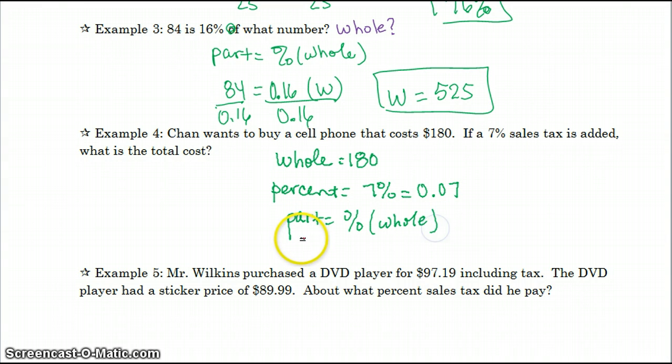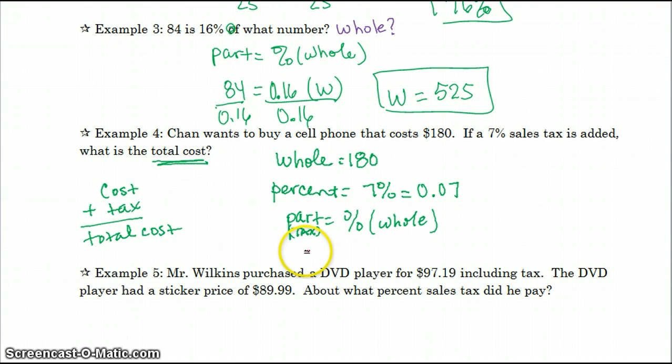It asked me for total cost, but first I have to take the cost plus tax to get total cost. So first I need to figure out tax, and that's this part. I'll call that P, put in 0.07 for my percent, and the whole cost was 180.